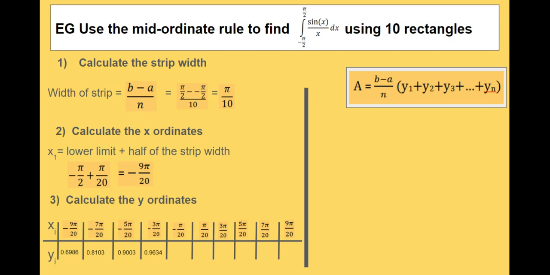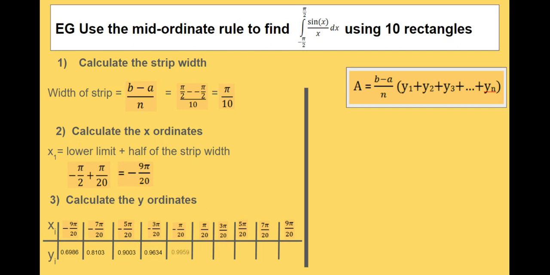Lastly, even before we start, we need to notice that we're working out trig values here, and we need to think about what our units are. Here it's pi by 2 or minus 9 pi by 20, minus 7 pi by 20. We're working in radians, so don't work this through and then suddenly realise that you're working in degrees.